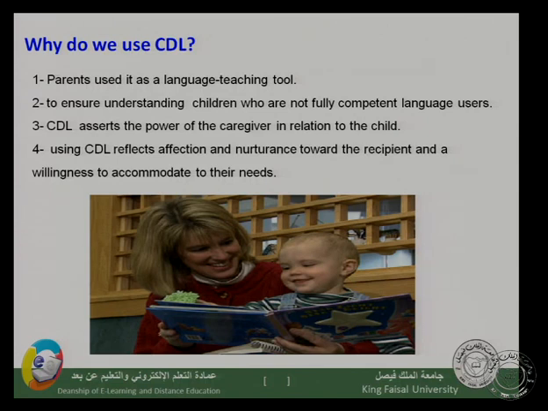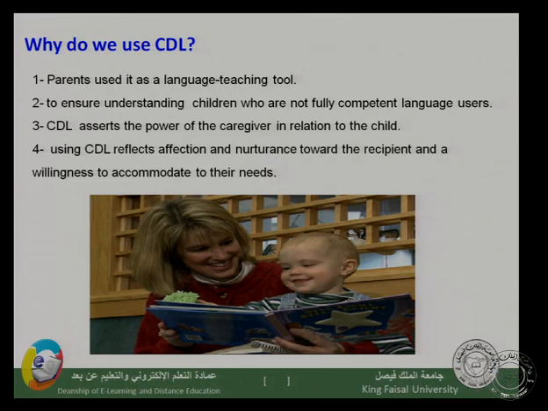So we use CDL to ensure understanding. Number three, child-directed language asserts the power of the caregiver in relation to the child. Usually a caregiver can be either a babysitter or one of the parents, who care for the child.